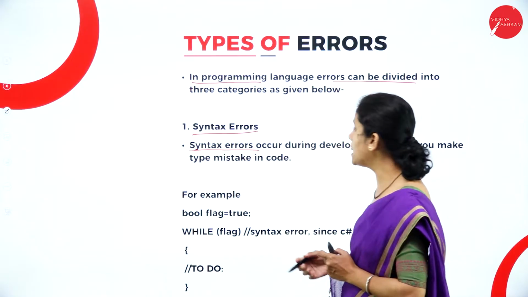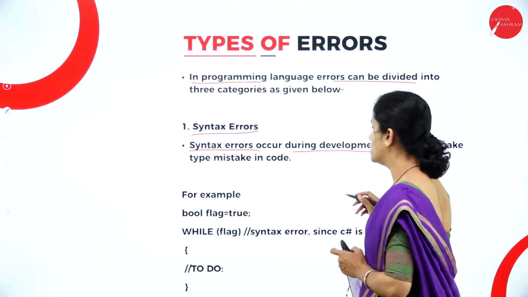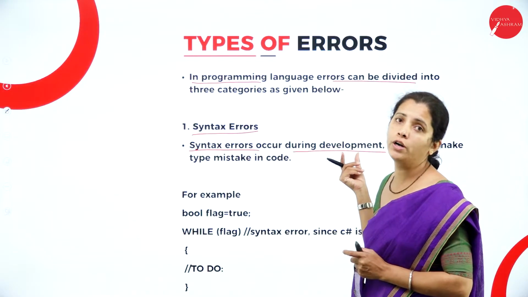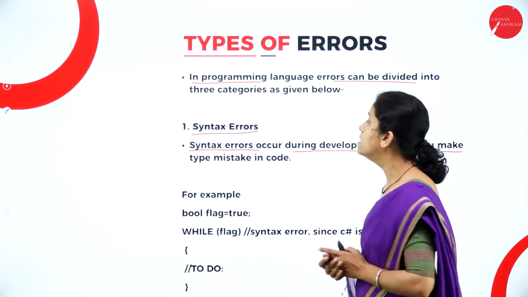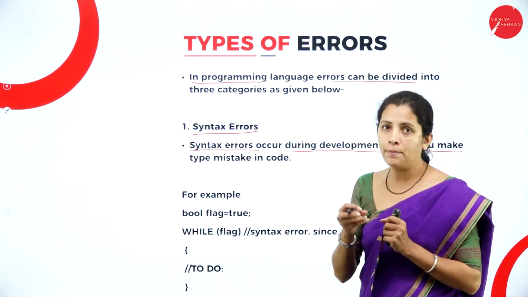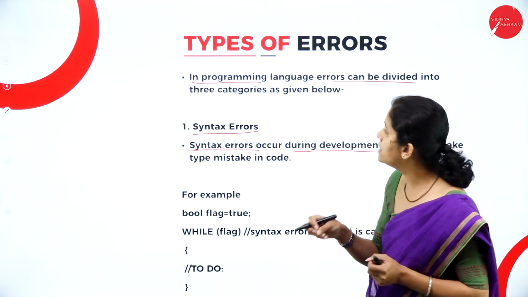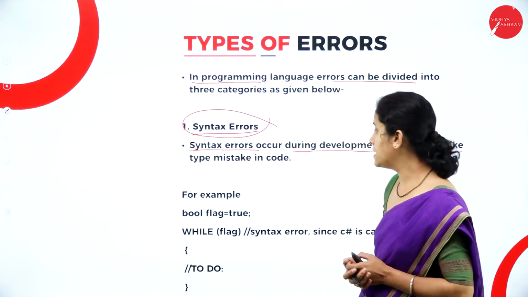So syntax errors occur during development. During development, in the sense, during coding or during implementation, when you make typing mistakes in code. So when I'm typing the programs and if I make a mistake, those kinds of errors fall under syntax error.